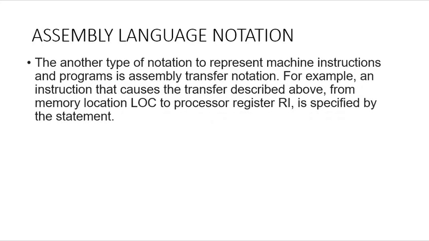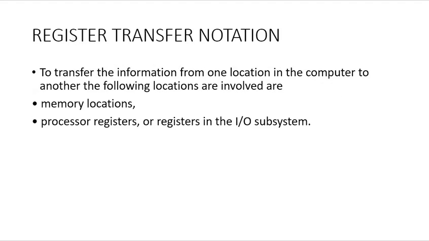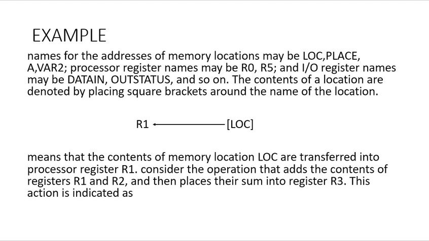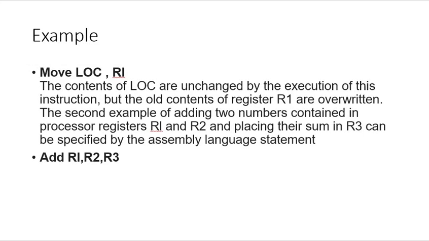For example, before we have seen the register transfer notation. In register transfer notation, we may not know what types of registers are used in the program. Because of that, we use assembly language notation, in which we can somewhat read the program.